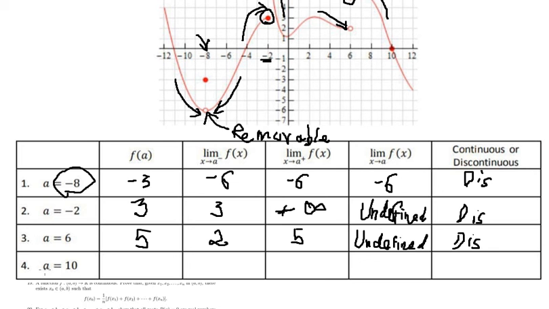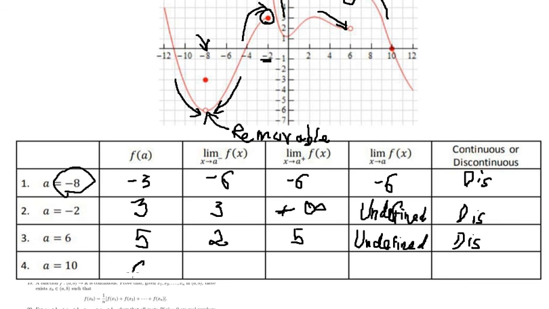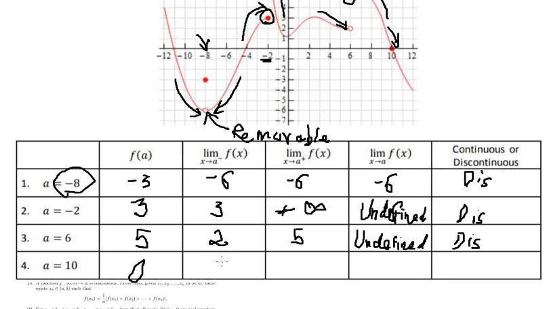And the last one is a equal to 10. At the value of 10, we get about 0, and from the negative side they go this way and touch 0 in here, and from the positive side they go this way and they go about 0.